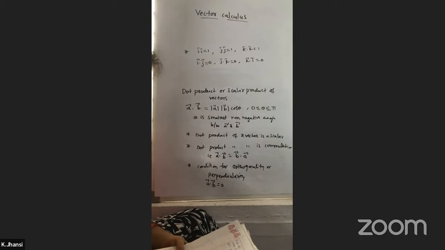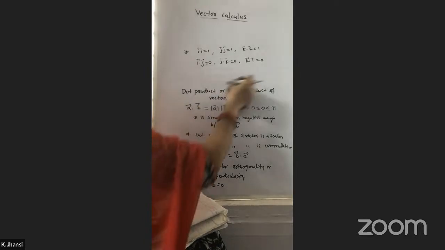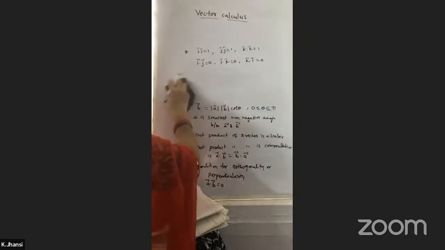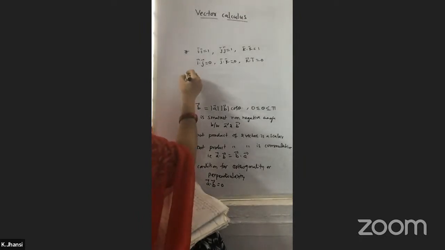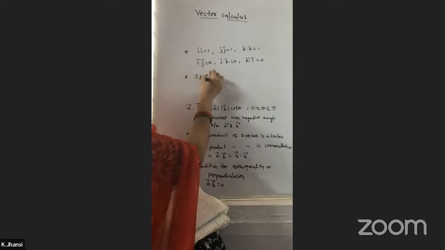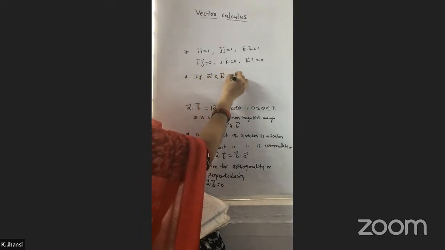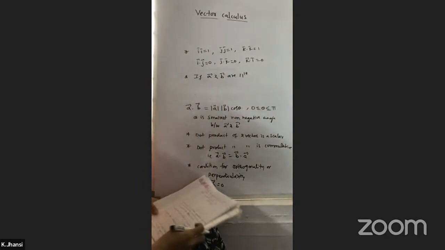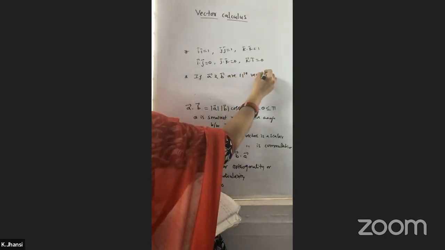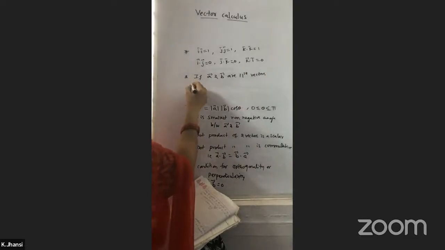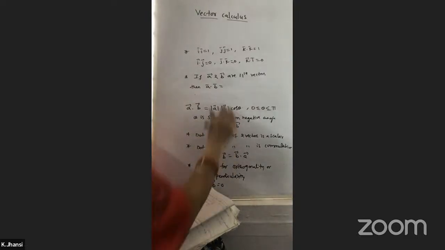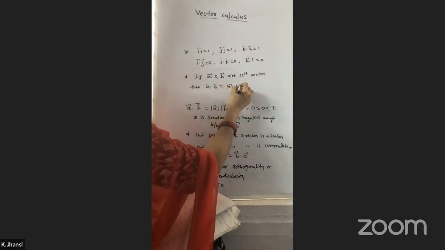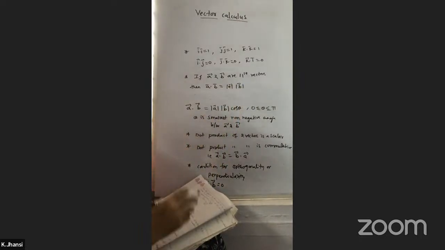Now, if two vectors A and B are parallel vectors, then vector A dot vector B is equal to modulus of vector A, modulus of vector B, cos 0 degrees.